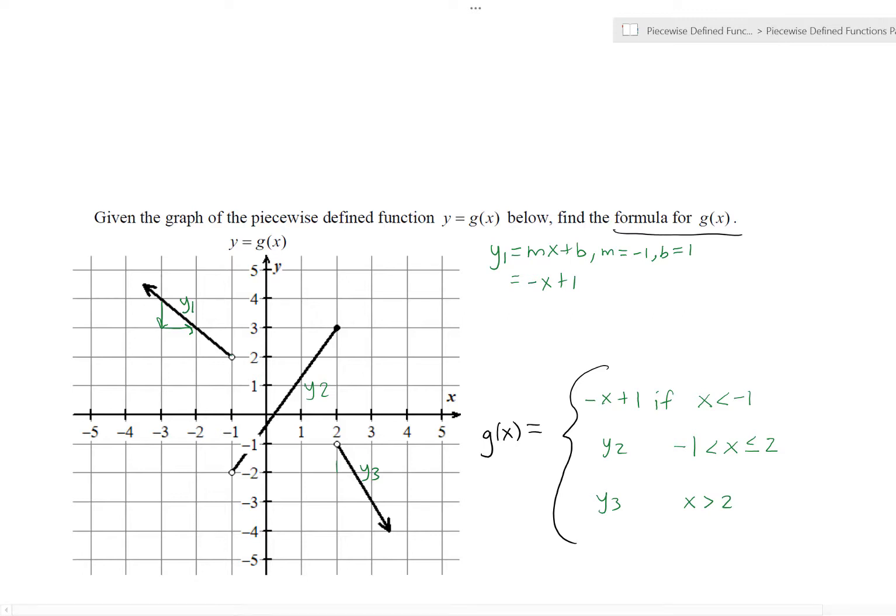Second rule: if we pick the bottom left-hand point at (-1, -2), even though it's not on the graph, it would be if the line kept going. I move over to the right 1, 2, 3 units, and then up to this other point 1, 2, 3, 4, 5 units.